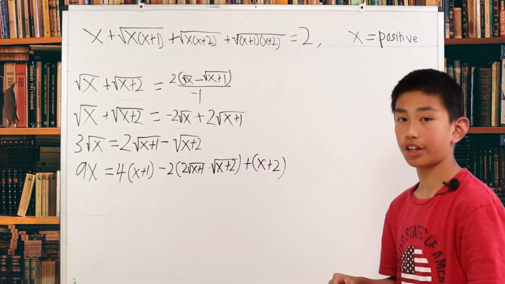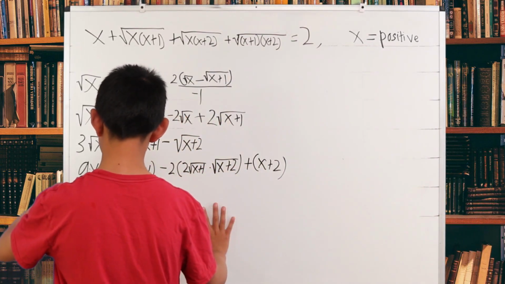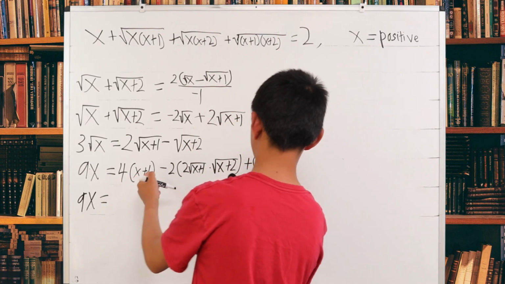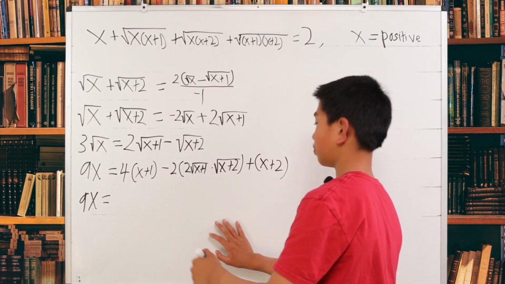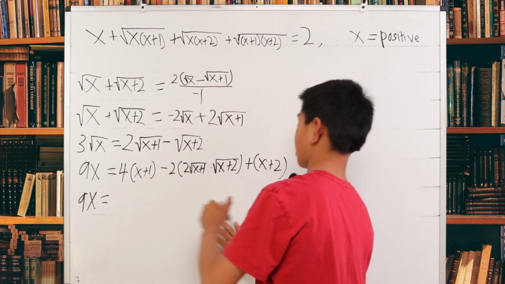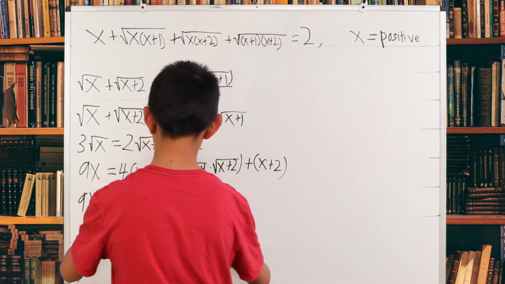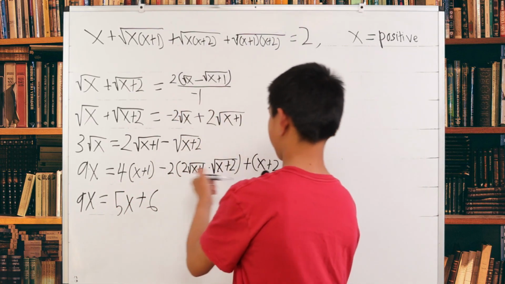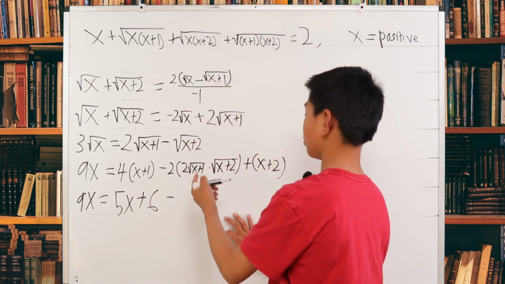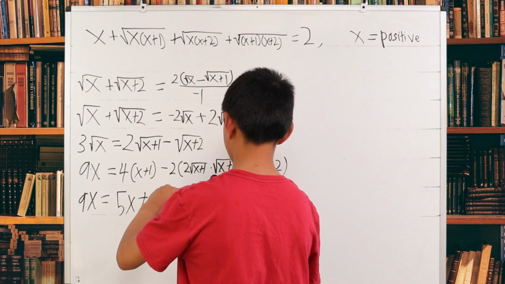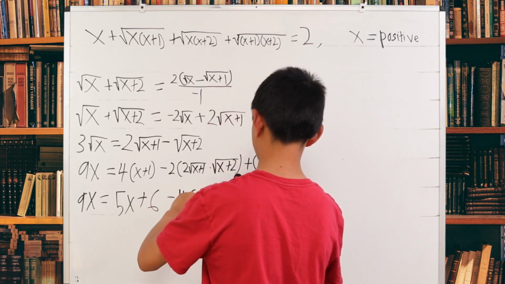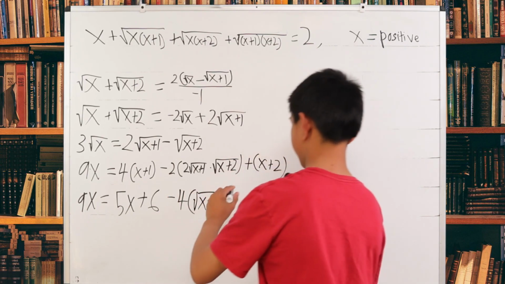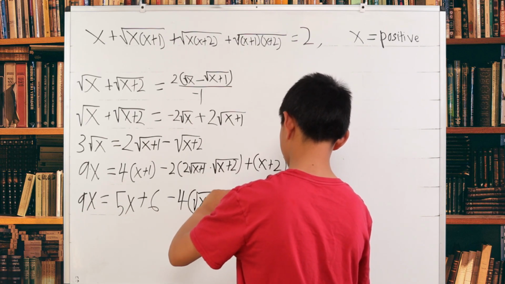So now we have that sorted out. 9x is equal to 4x plus 4, and there's still the x plus 2. So 4x plus x is 5x. So 5x plus 4 plus 2 is 6. And then there's still this thing, so minus, except you can move this 2 to the outside. So it's now minus 4 times the square root of x plus 1, sorry, times the square root of x plus 2.